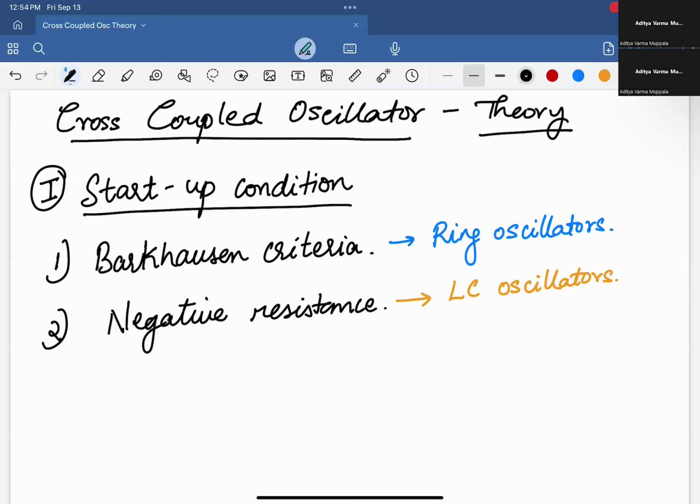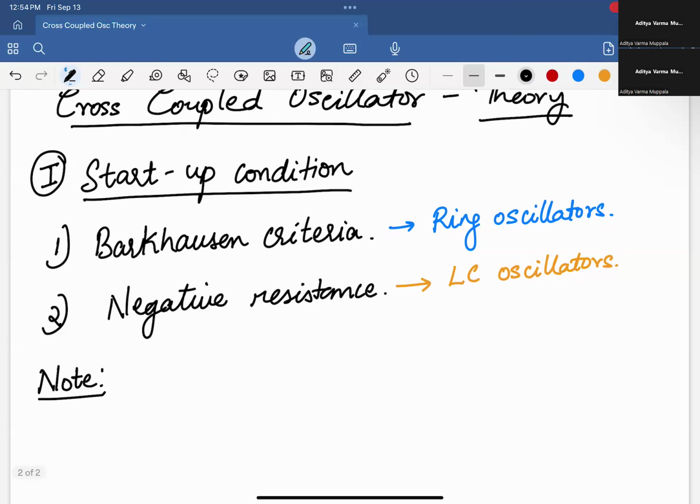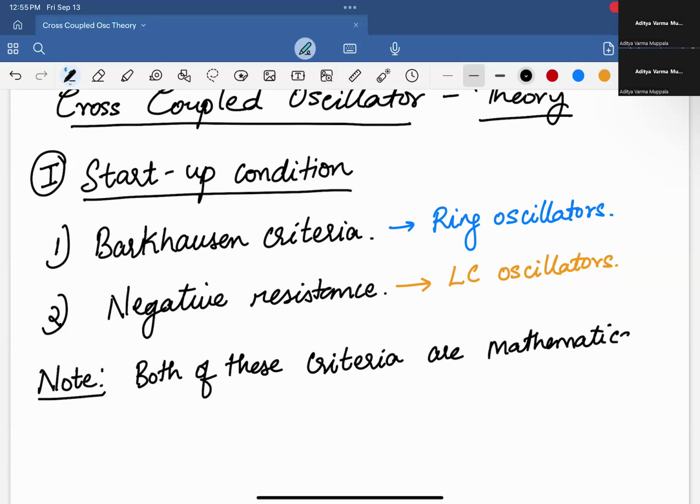Okay, so since we've briefly talked about these two, before the control systems guys go crazy, I want to say one note, which is that both of these criteria are mathematically wrong, I would say. In fact, they're not rigorous, they're not even correct, right? So why are they wrong?